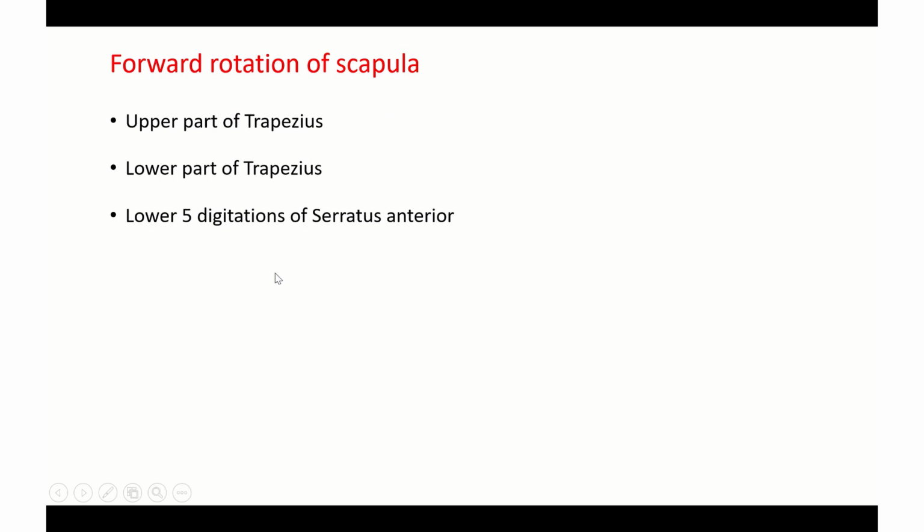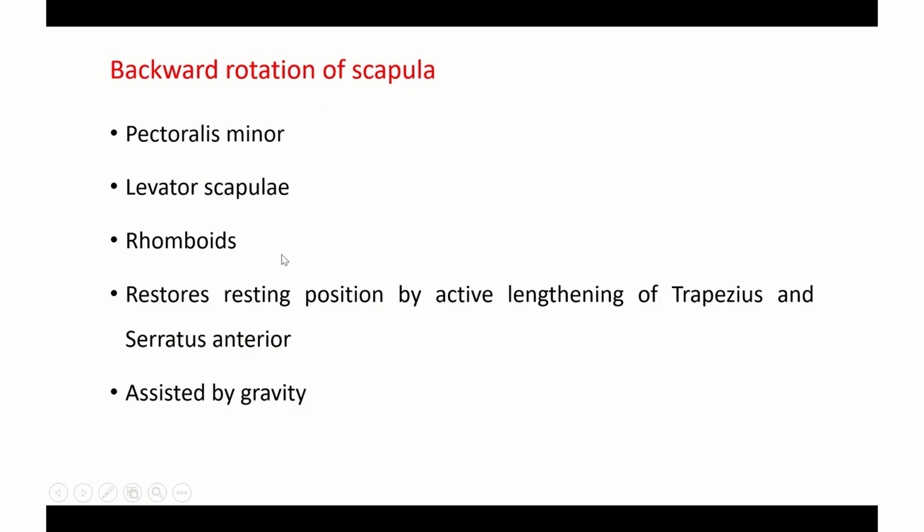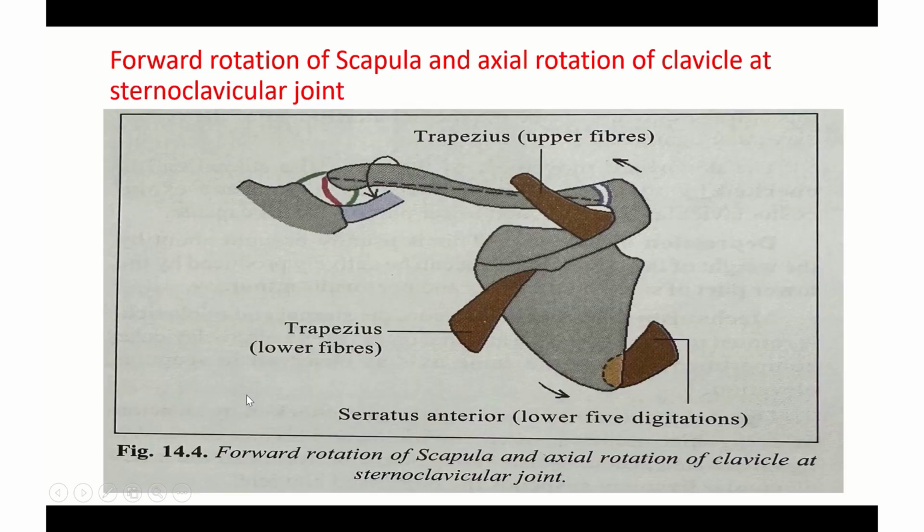So forward rotation of the scapula is mainly performed by the upper part and lower part of the trapezius, that is, upper fibers and lower fibers of trapezius, along with lower fiber slips of serratus anterior. Whereas backward rotation, so actually the active lengthening of the trapezius and serratus anterior itself will restore the resting position, but the same backward rotation can be actively performed with the chopwood action of pectoralis minor, levator scapulae and rhomboids, and is also assisted by gravity.